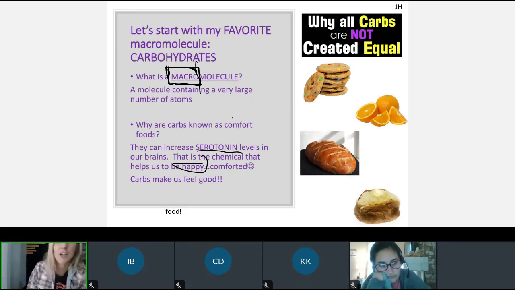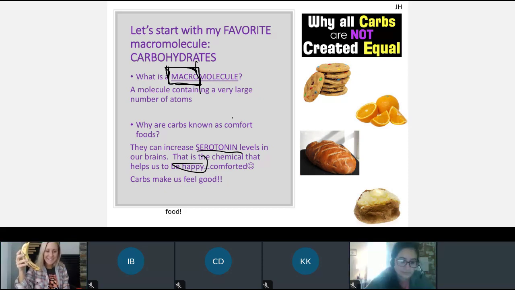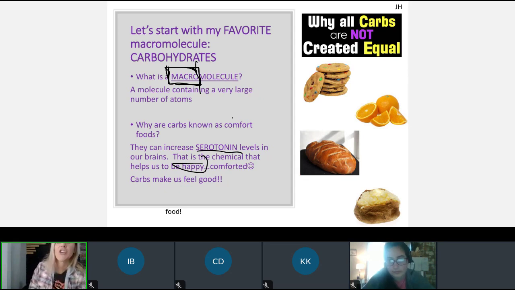But you know what also is a carbohydrate? A banana. Are bananas bad for you? No. These are wonderful for you. These are great for you. All right? All carbohydrates are not created equal. And that's why we put this up here.